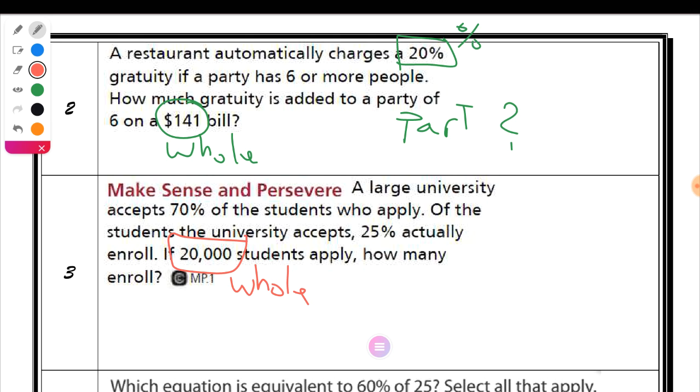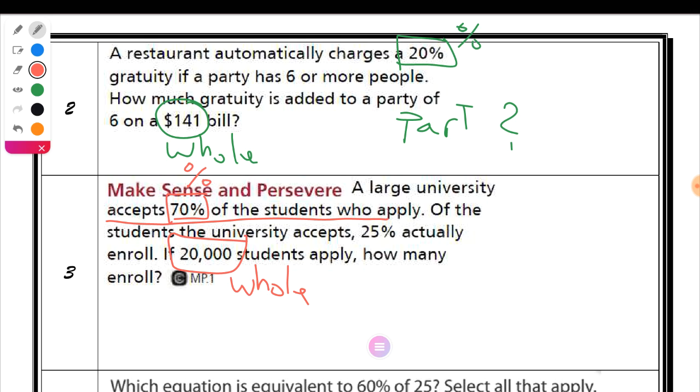Okay? How many enroll? We need to calculate it in 2 steps. First step, how many students are accepted. So we'll try to find the accepted, 70% accepted, so he gave me the percent. So he needs a part, which is accepted, before we take from them to enroll. Let's calculate the accepted students.